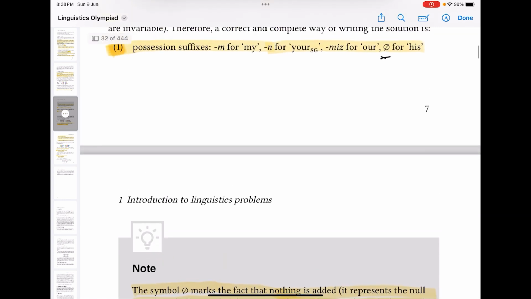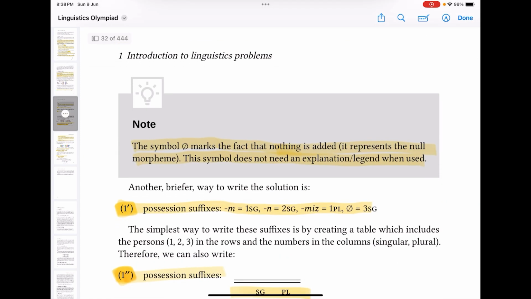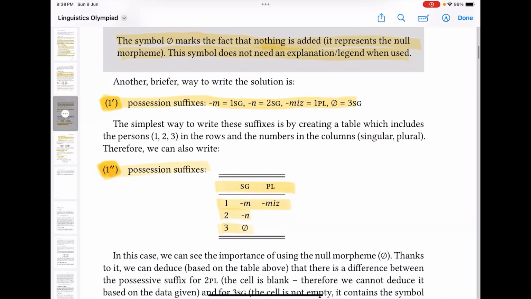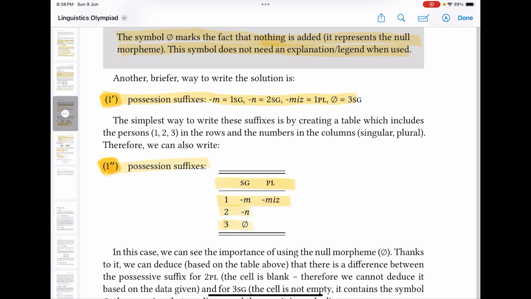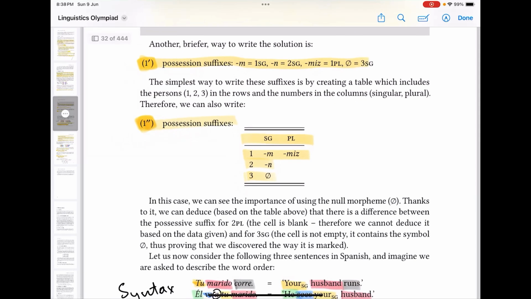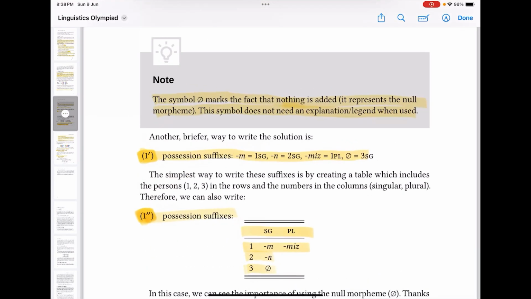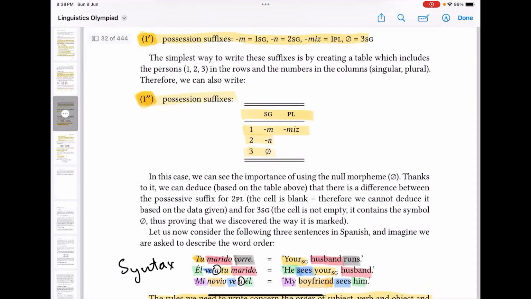And his can simply be written as third person singular. This makes it very easy. And the simplest way to write is this, the table. This is the easiest way you can write. This is what you should write.